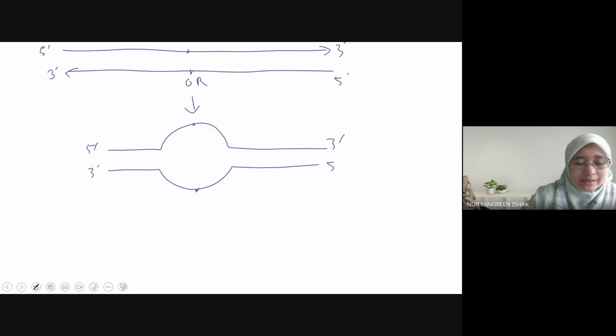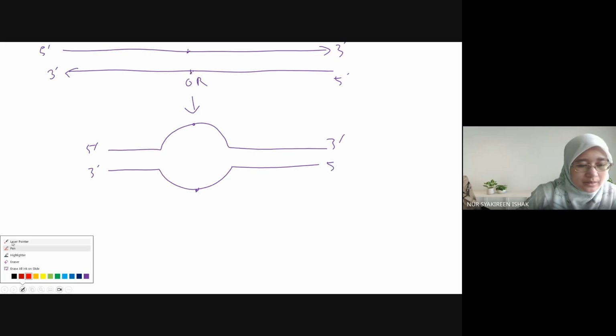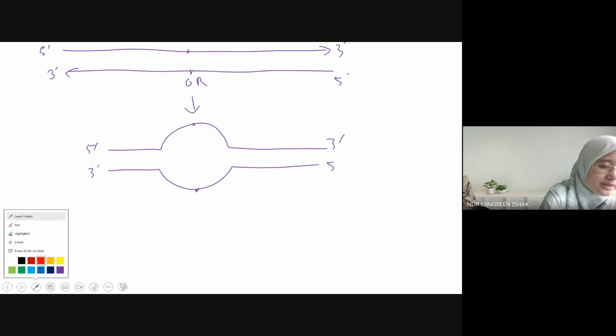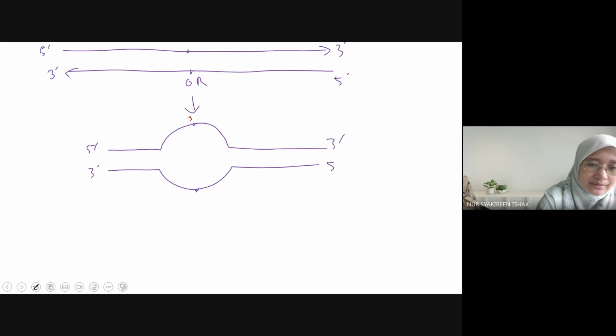Bila sebelah sini kita ada 5', kita imagine bila kita potong kat bahagian sini, over here we have a 3' end. Bila kat sini 3', awak kena imagine juga sini pun 3'. Macam tu. Kita kena imagine kita potong dia. Potong dia tu siapa?